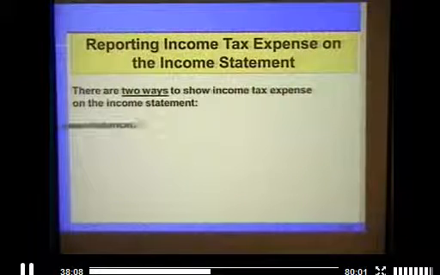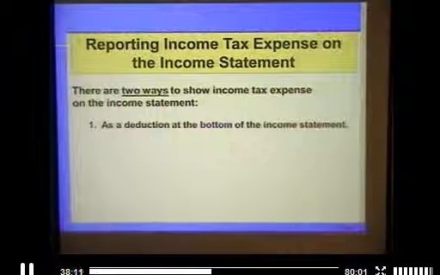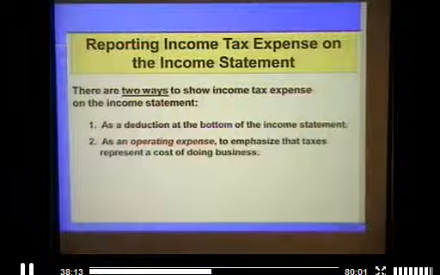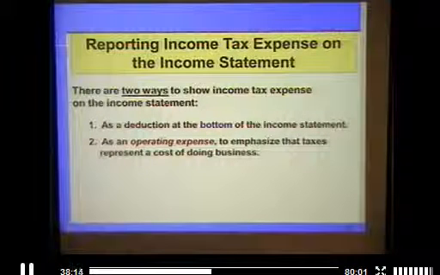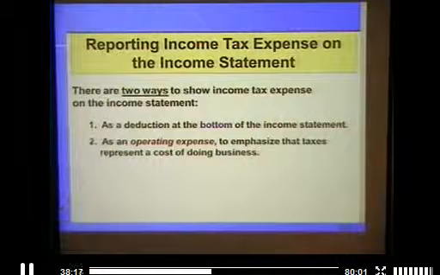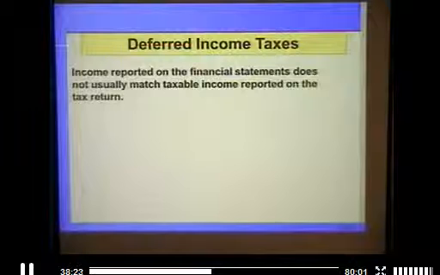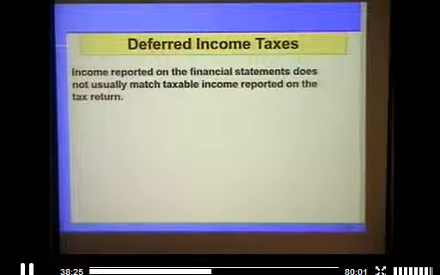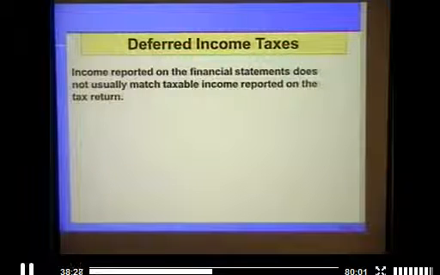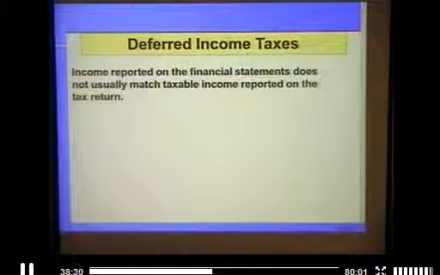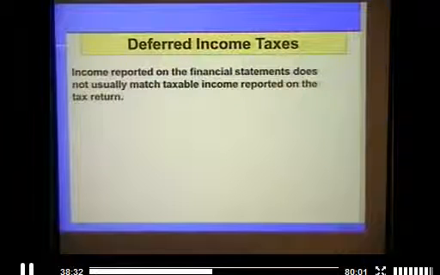Okay, let's see. Two ways to show the expense on the income statement: as a deduction at the bottom, or as an operating expense that's included in our operating expenses. Income reported on your financial statements will not usually match your taxable income reported on the income tax return because they have different rules.